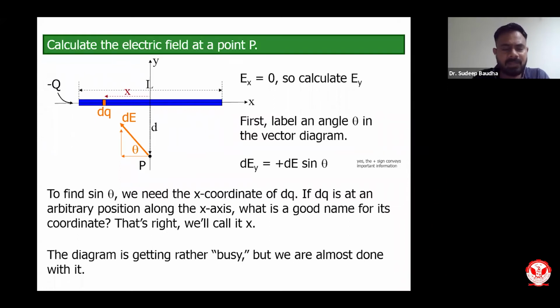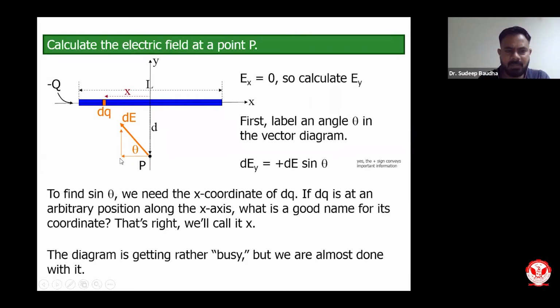So we are done with the geometry. You can see this is the exact geometry of dq, dE, and theta which they are making, and we are trying to evaluate Ey because we say the Ex component will be 0. By symmetry, the Ex component will be 0 because if we draw the pairing element on the other side, the Ex component cancels since the direction will be different.